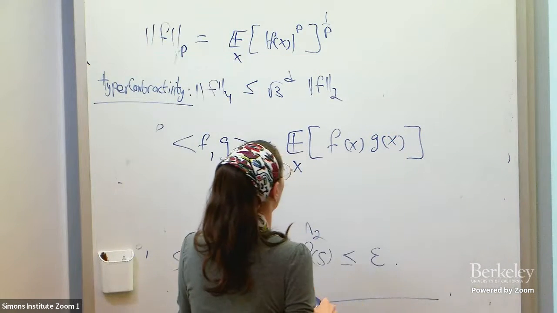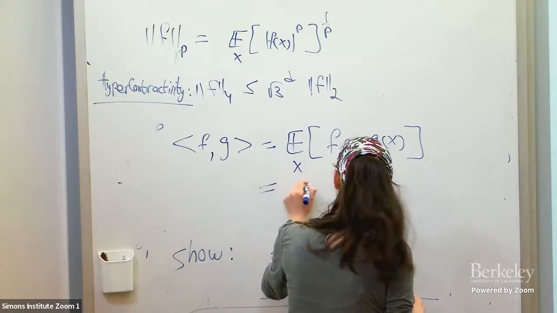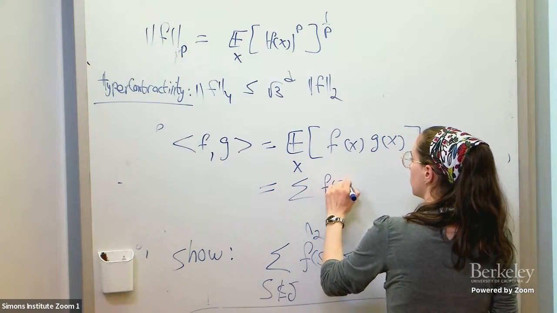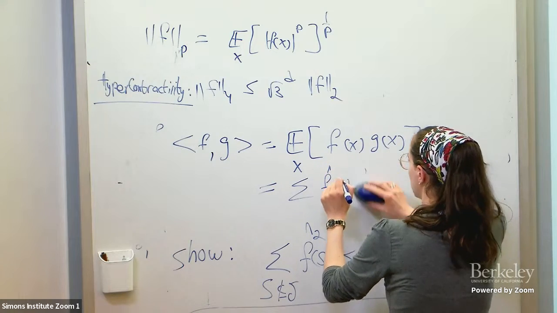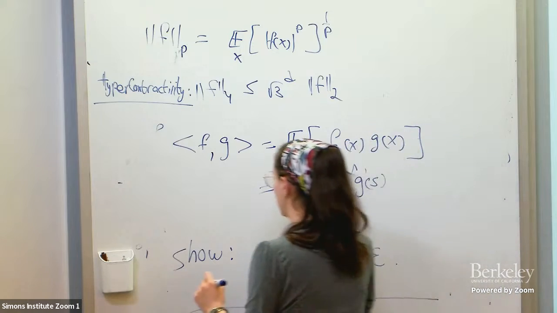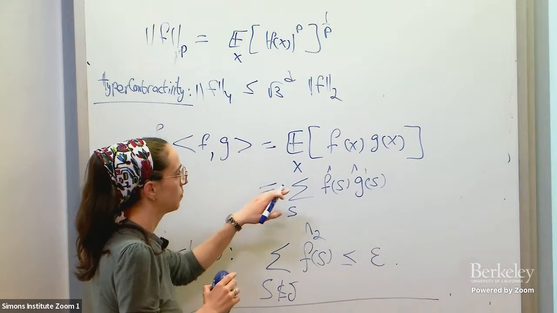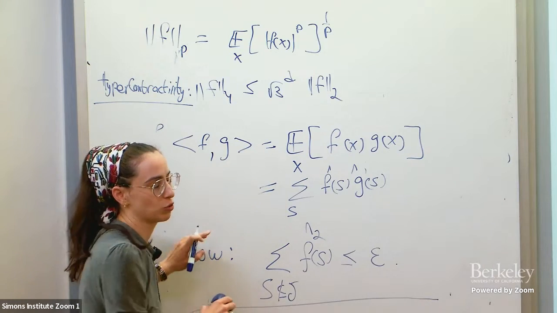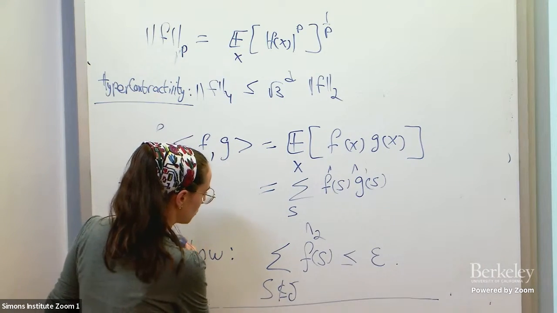Similarly to Parseval, this is Plancherel, or something like this: we can just take all the Fourier coefficients. Do you want me to elaborate on this step, or is it okay? Okay, I'm not going to do it.